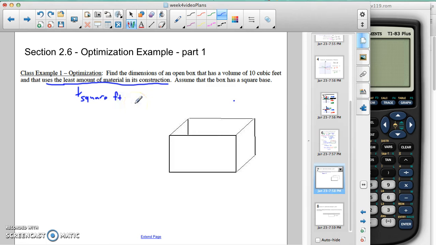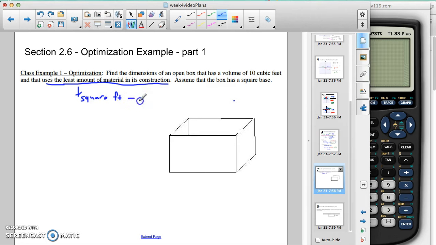If it's a cardboard box, we'd want to minimize the cardboard we would use. So the material is cardboard, so we're looking at an area.